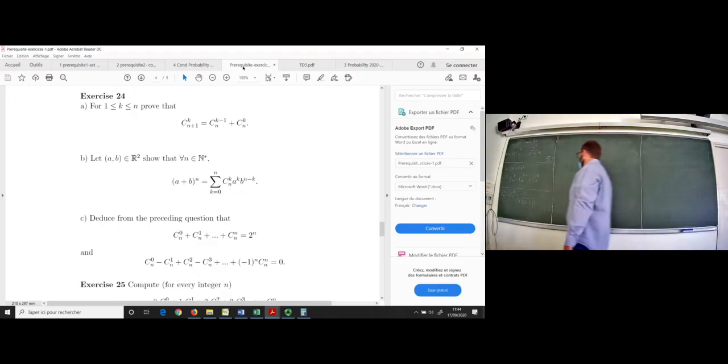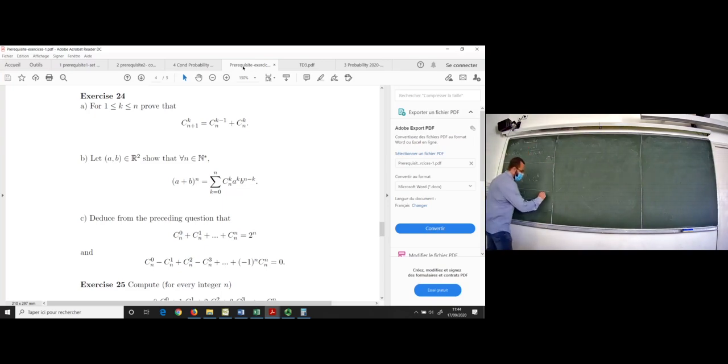And I have to do the sum with C(n, k), which is exactly this formula: n factorial over k factorial times (n-k) factorial. Here I just use the definition twice, replacing k by k minus 1 in the first expression to get the first term.